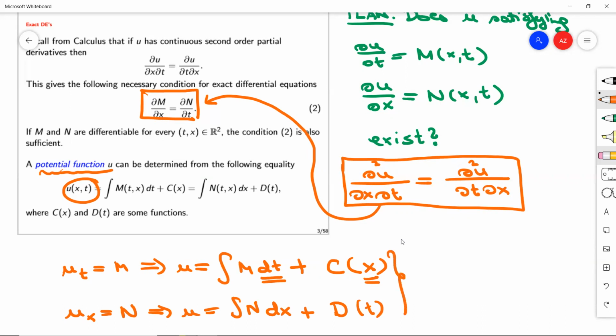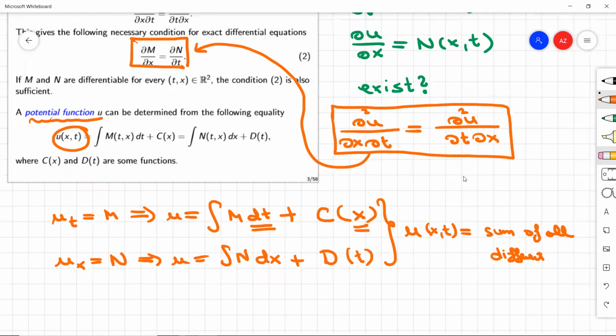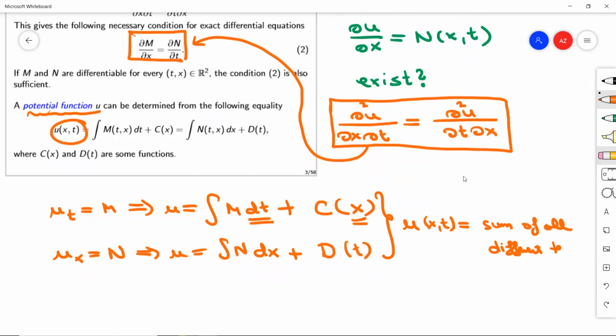So altogether, we take all the different terms from both right sides together. So u(x,t) is then the sum of all different terms on both right sides.